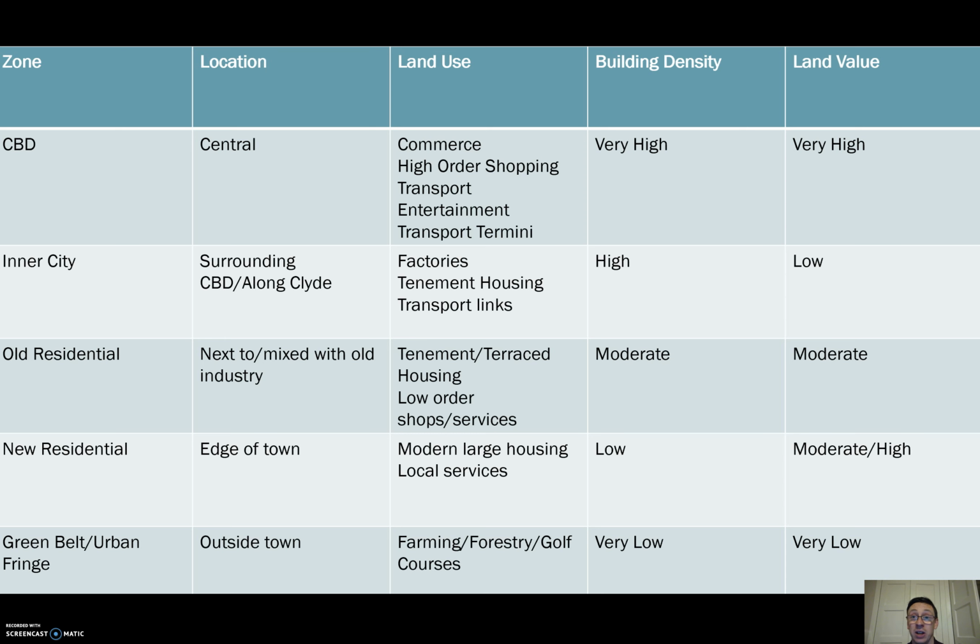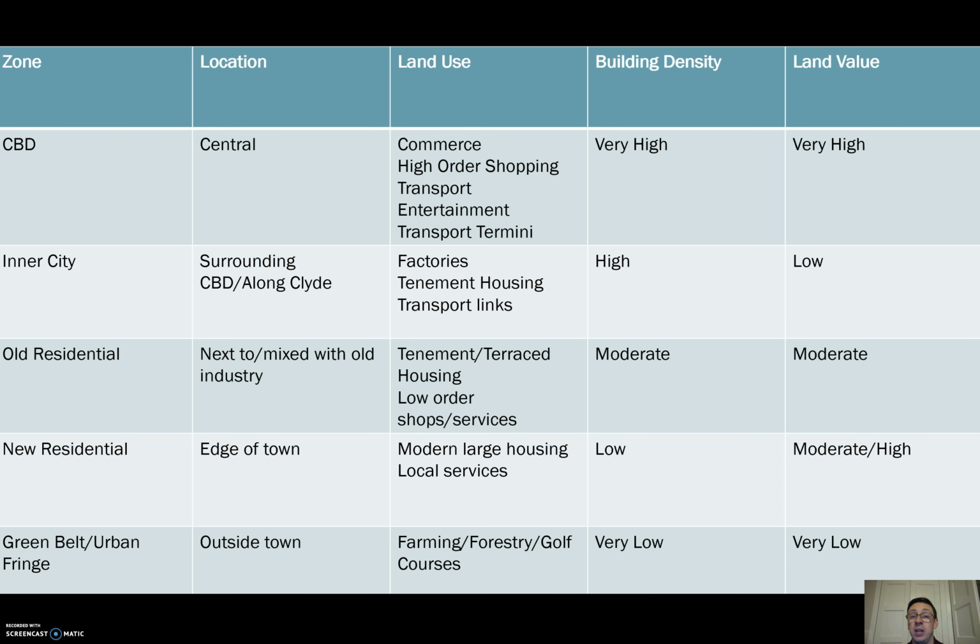People don't live here, because the land is extremely expensive, as it's highly sought after. It's an area where most people work, so you've got lots of people here very frequently, and because of that you've got a lot of shopping, as shops and retail enterprises want to take advantage of that.